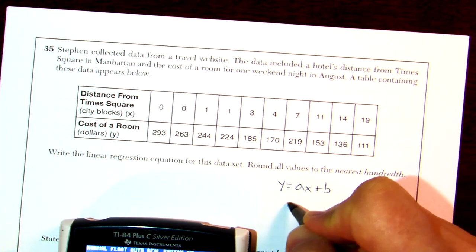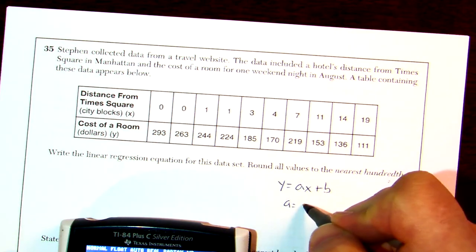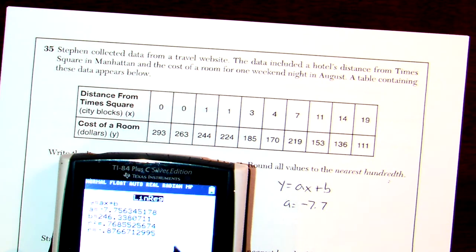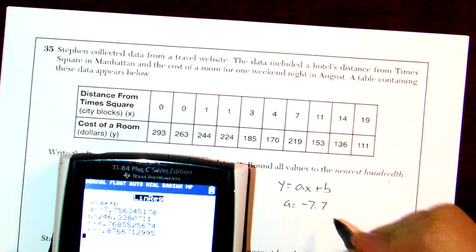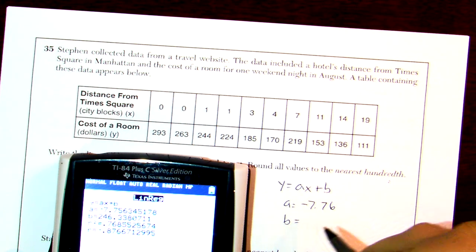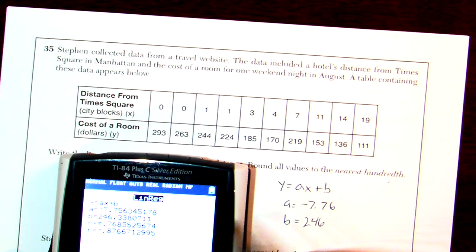We have a equals negative 7.6-something, and it says round to the nearest hundredth, so that 6 is going to tell us to round that to a 6. And our b is going to be 246.83, and the 3 at the end there tells us to round it to a 4.